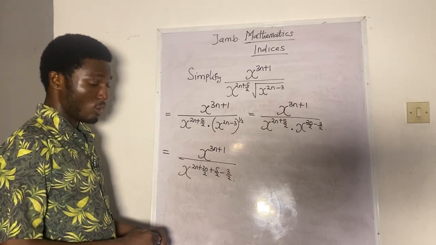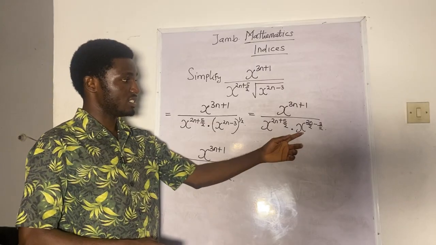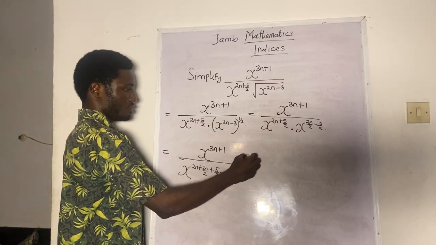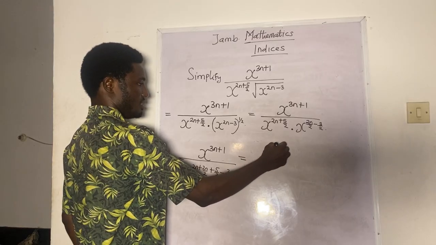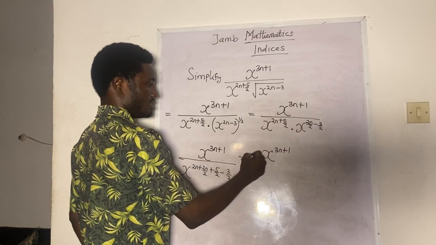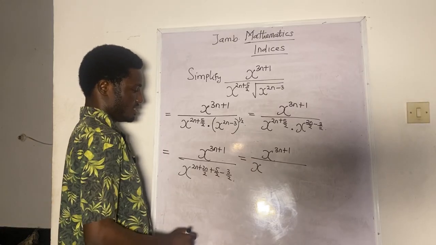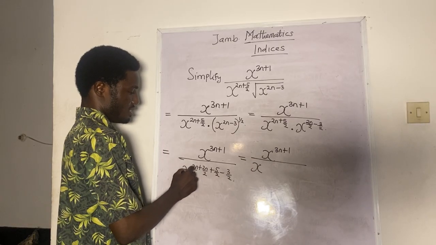Like we all know, the law of indices: when the bases are the same, you add the powers. That's what we are doing here now. So that becomes x to the power of 3n plus 1 over x.